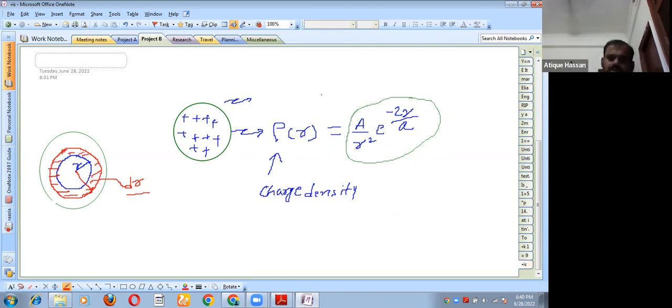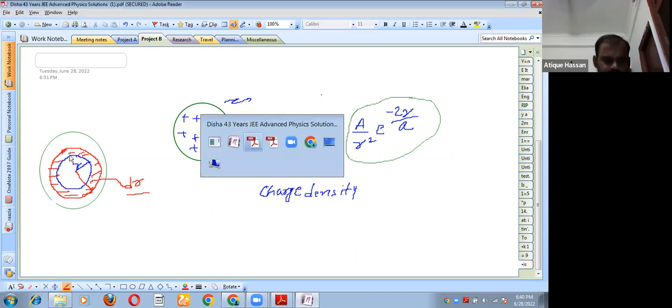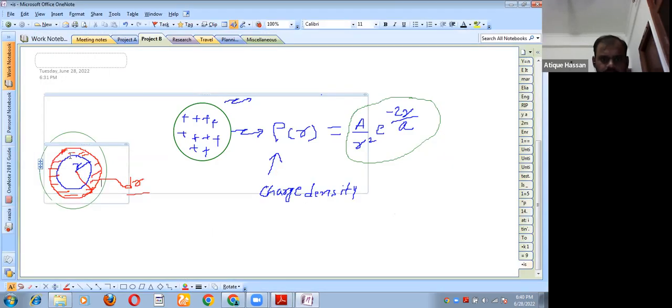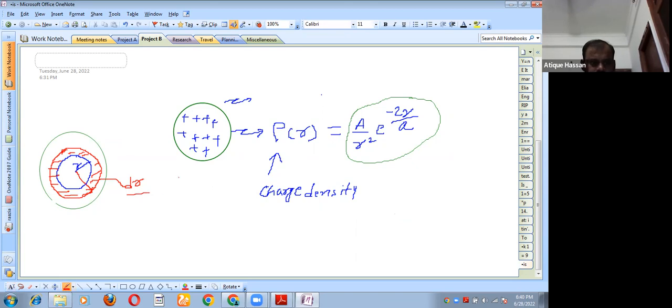We can assume a sphere is made of a number of spheres. This sphere is a solid sphere, and we can assume that this solid sphere is made of a number of spherical shells.